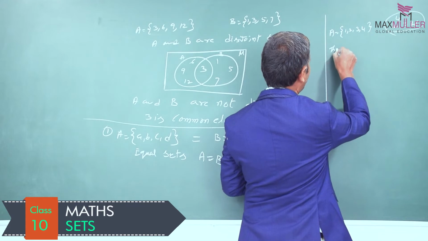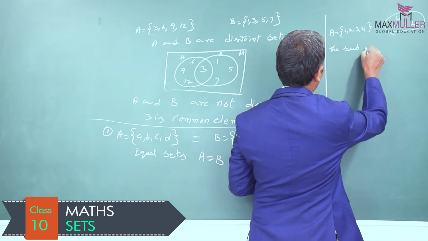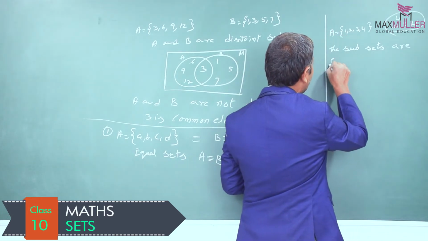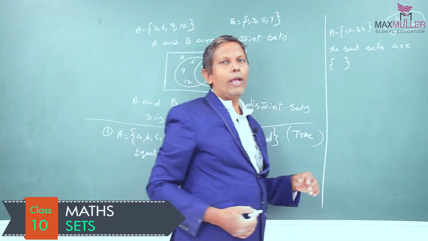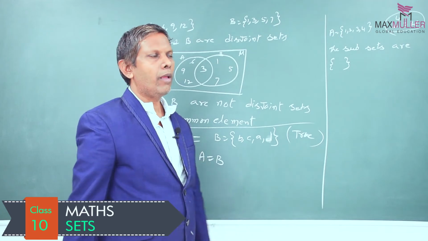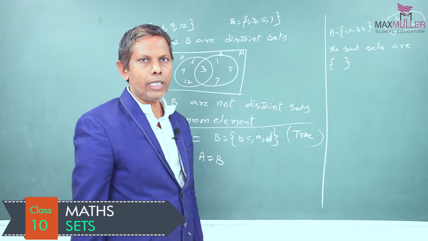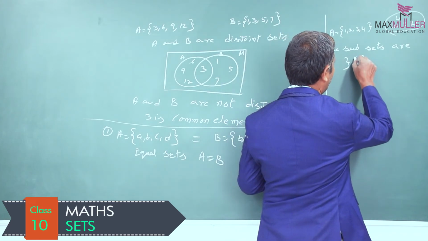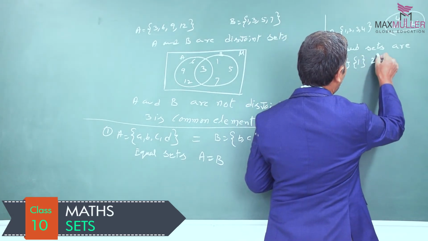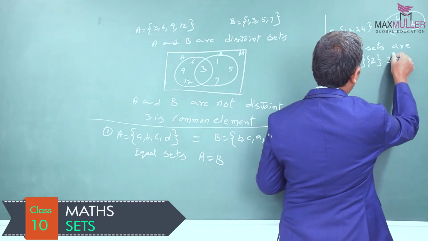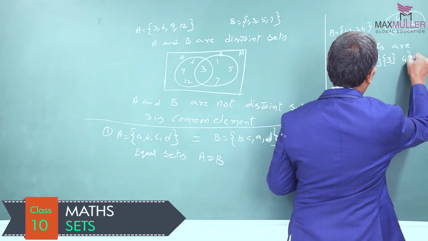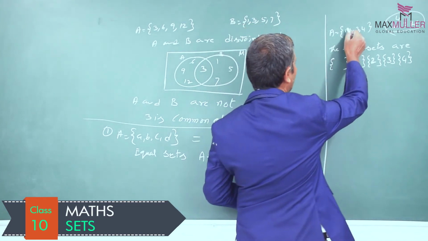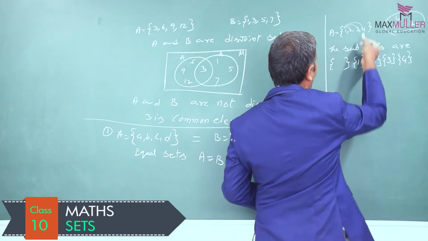The subsets are: first, the empty set is a subset for every set. After that you can write singleton sets: 1, 2, 3, 4. After that 2 elements: 1, 2, 1, 3, 1, 4.